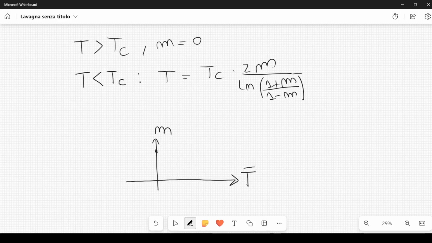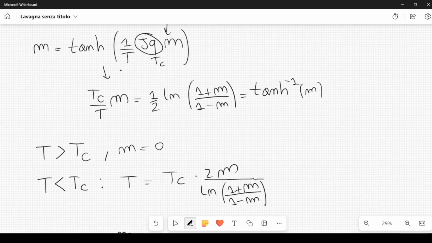What you get is the following behavior. When T is equal to 0, what we get is either plus 1 here or minus 1 here. And you can also check this behavior from the equation here. If T is very close to 0, we get a divergence here. In order for us to get a divergence here as well, we need to let this m go to minus 1 or go to 1 in order to get a 0 here, and therefore we would get a divergence here as well.